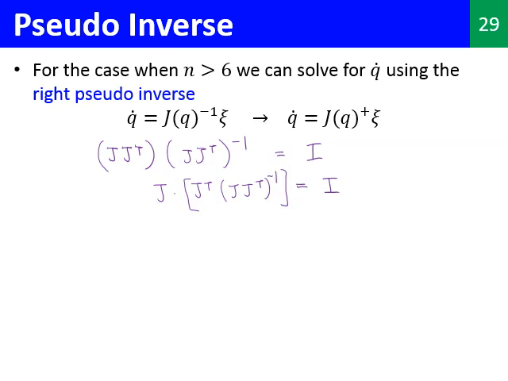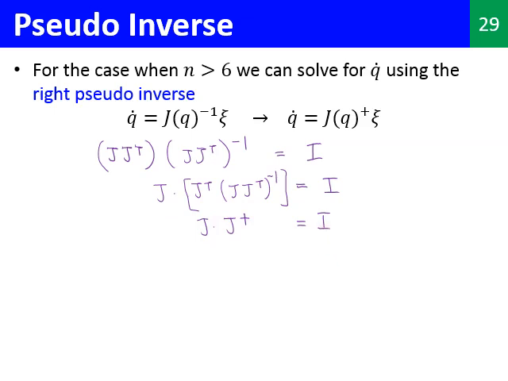So we are going to call that J plus, and J plus is the right pseudo inverse. Now we can't call it the inverse because we don't know, when we pre-multiply J with this, whether we are getting an identity matrix or not, right? Therefore it's not the perfect inverse, but we know that when we post-multiply J with this, we get the identity matrix, right?